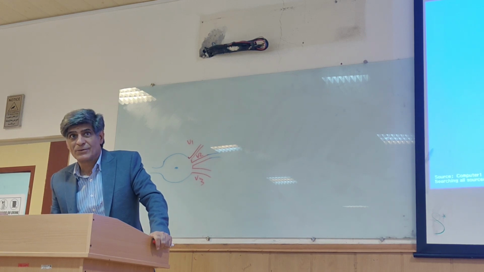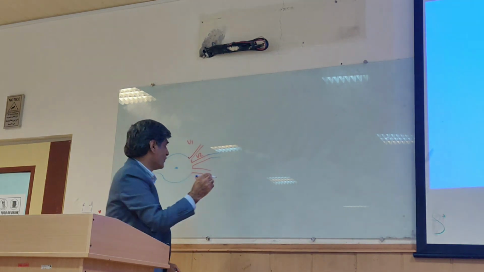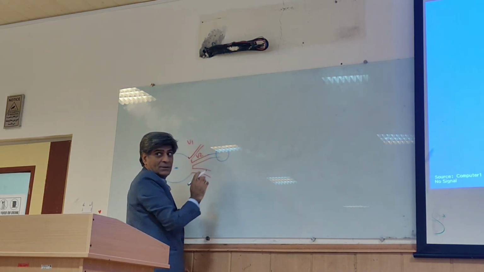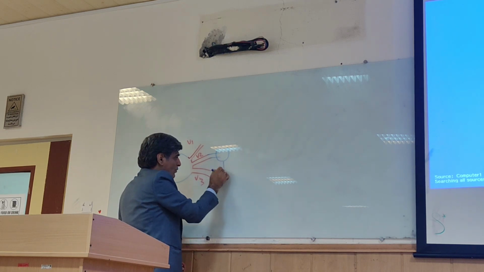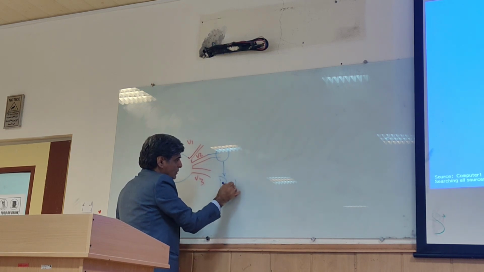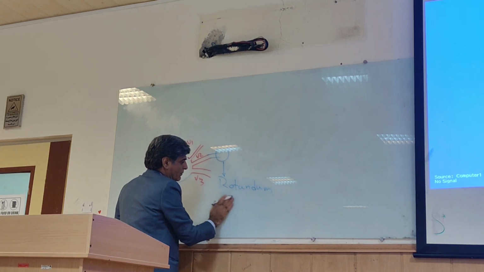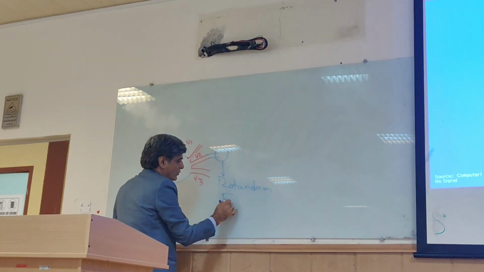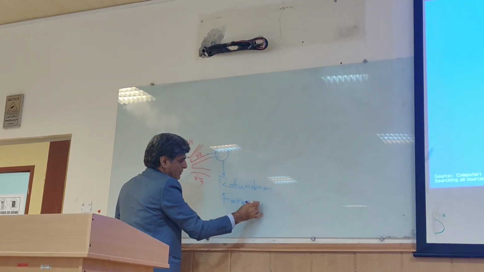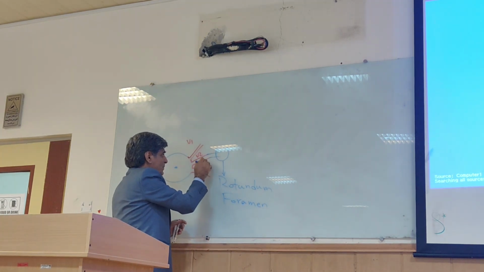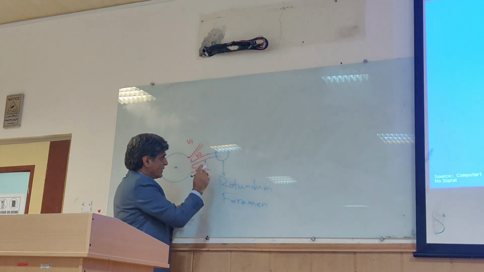It passes through foramen rotundum, not oval. Okay, foramen rotundum. This is the first part, the cerebral part.